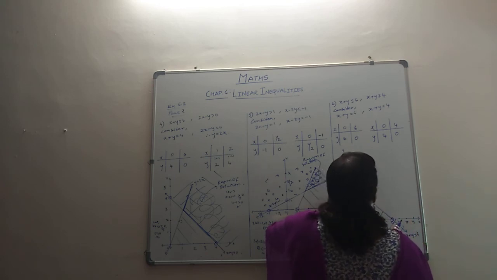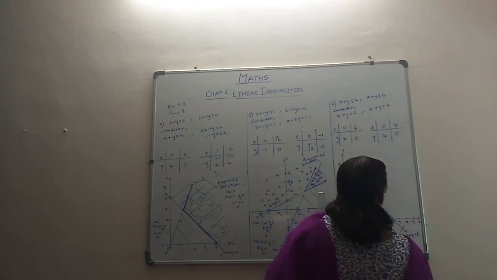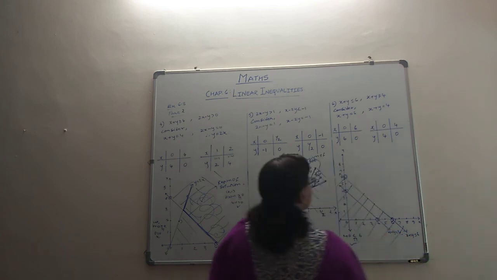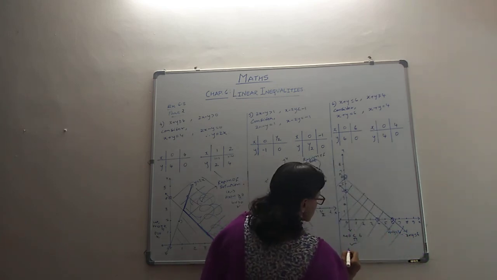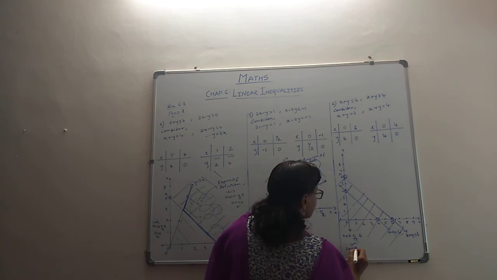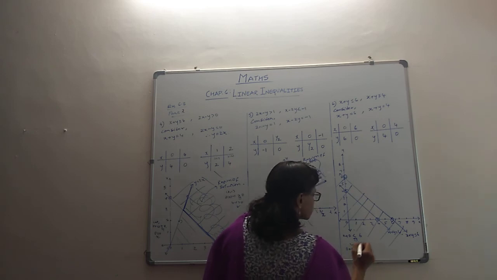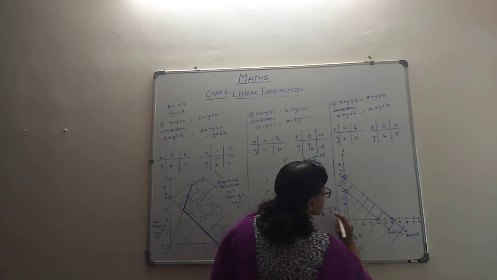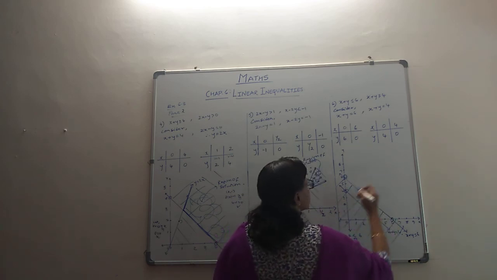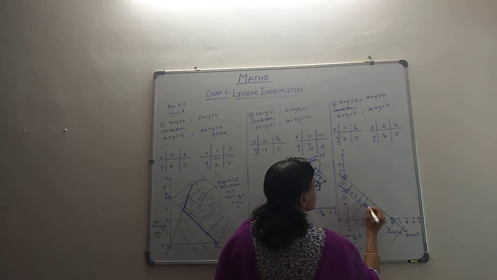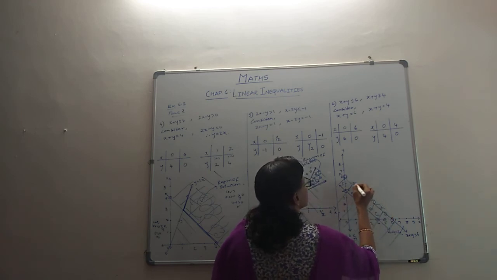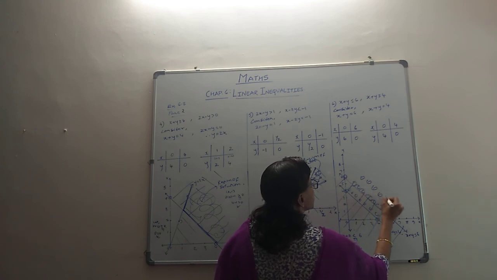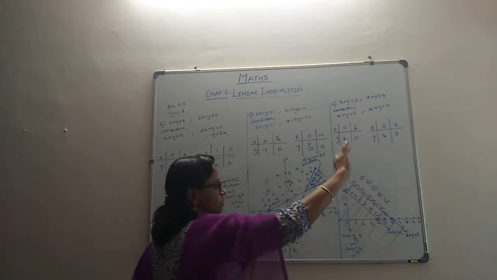This is our line x plus y equal to 4, and we have to see the region. Origin 0 plus 0, whether it is greater than or equal to 4, we have to check. 0 can never be greater than 4, so that's not proper. So this origin part is not the solution; everything on top is the solution.